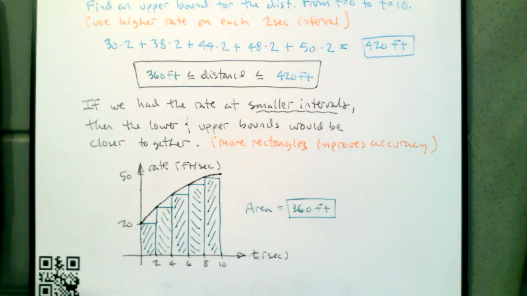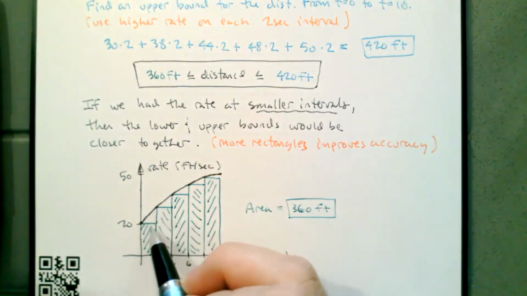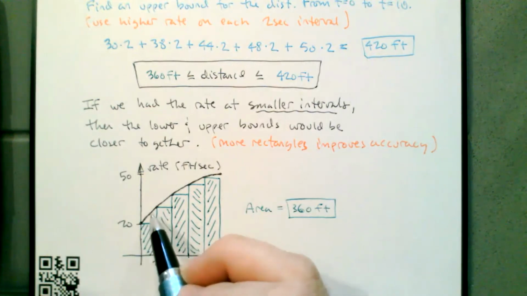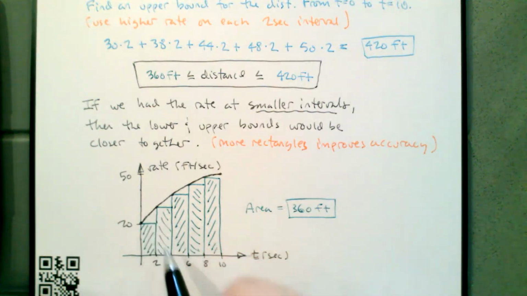If we look at all these little gaps, this almost triangular area above that first rectangle, that's how much underestimate we have. There's area that we're not capturing by assuming that the first 2 seconds is a constant 20 feet per second.